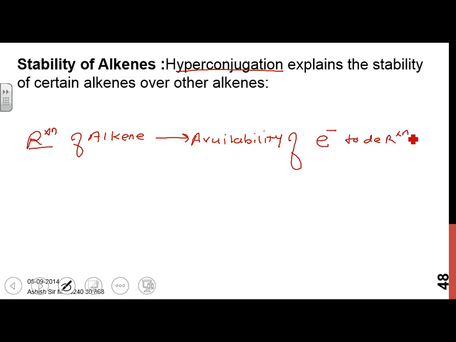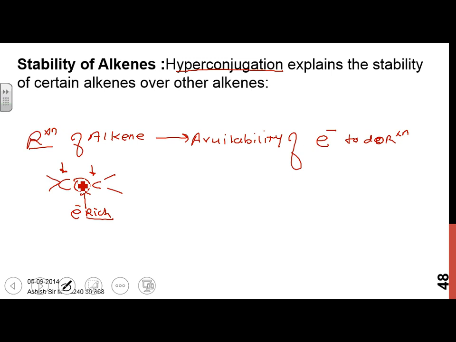What happens? Alkenes are electron rich species because between these two carbon atoms there is a double bond, and double bond is considered as electron rich because it has more density of electron.